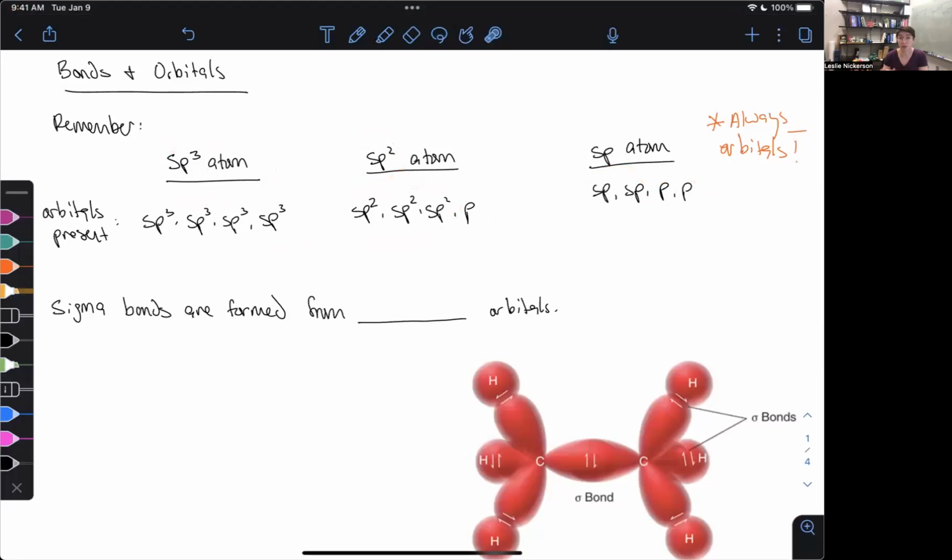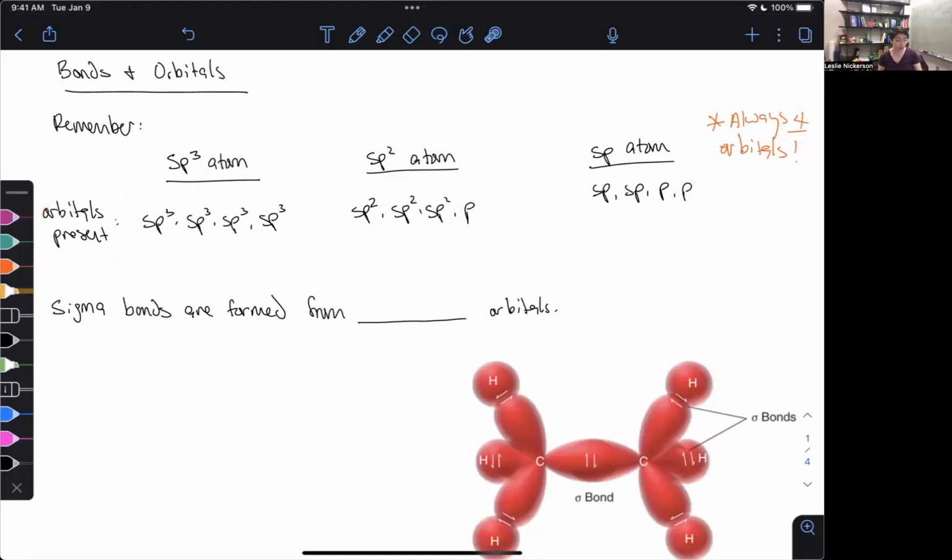If you're not feeling comfortable with that, make sure you go back and watch that video where we talk about hybridization. In any case, any of these hybridizations, we're always going to have 4 orbitals present. So whenever you're thinking about what orbitals are present on any given atom based on their hybridization, that number should be adding up to 4. And if it doesn't, you need to double check your work. Okay, so orbitals present on each atom, 4.